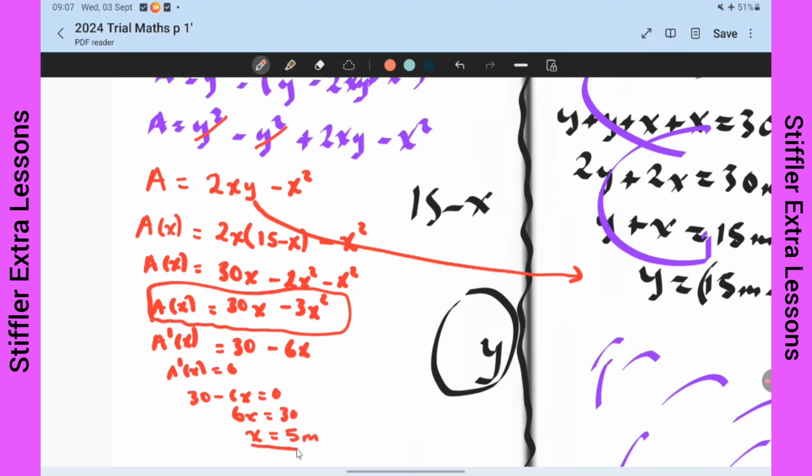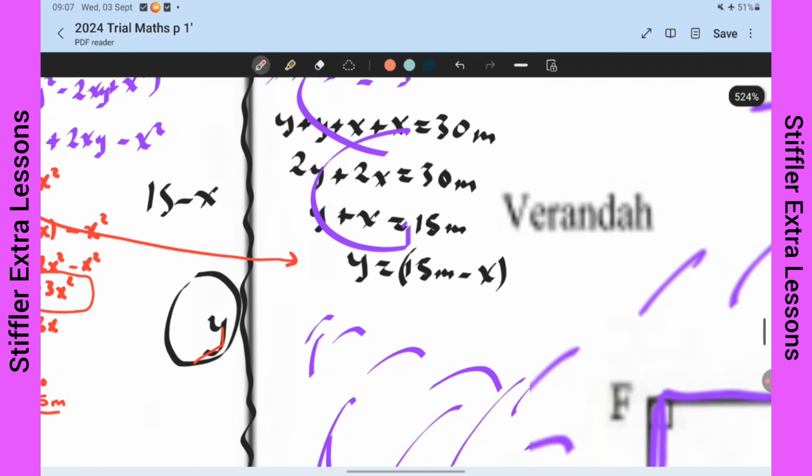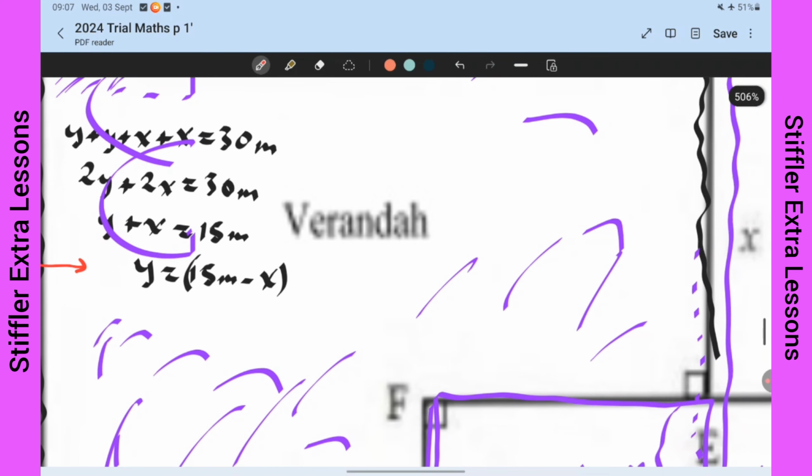So we have optimized that. But they said find the value of X and Y. So now we know from what we already talked about that Y is equivalent to 15 meters minus X. So Y now becomes 15 meters minus 5 meters, which is 10 meters.